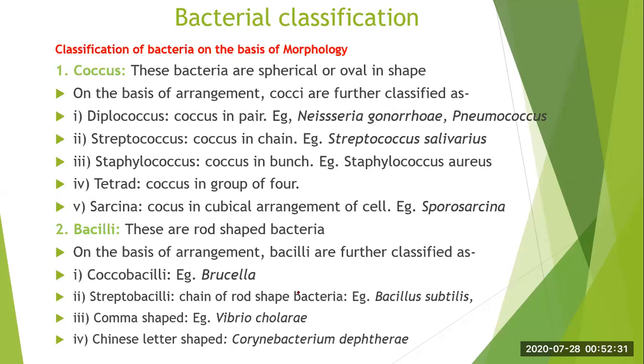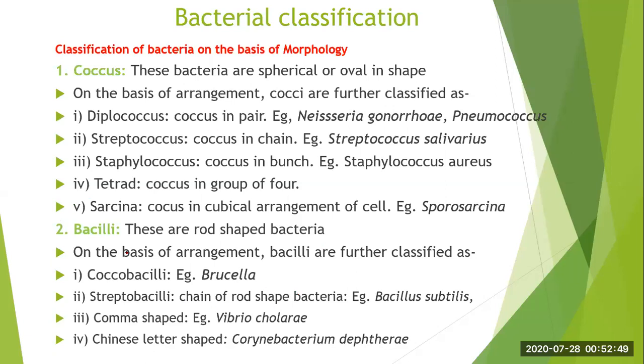Then our third classification is based on morphology. If you wonder what morphology actually means, it means the shapes, or the physical appearance. Based on that we can also classify bacteria.